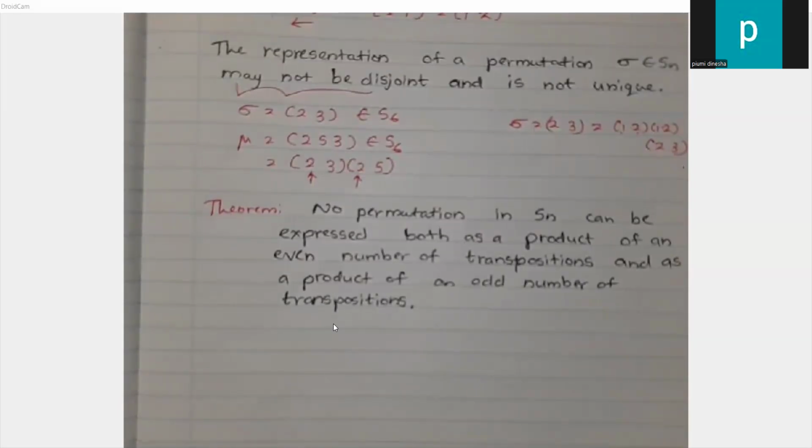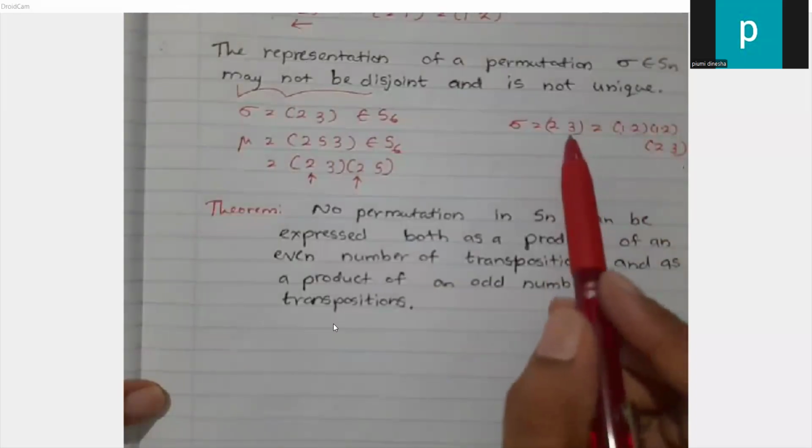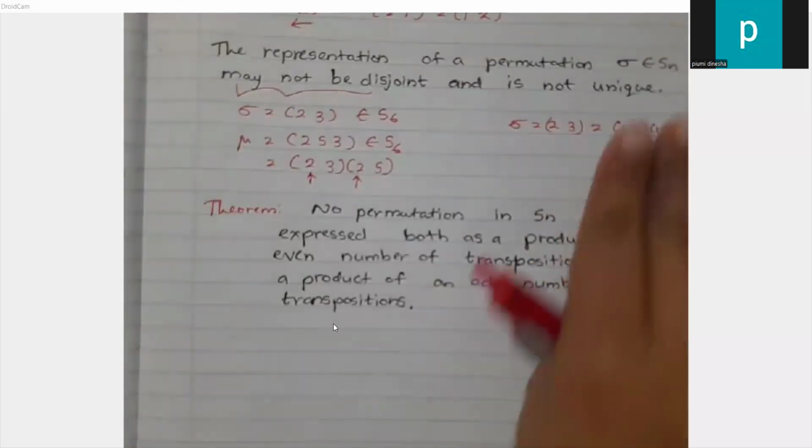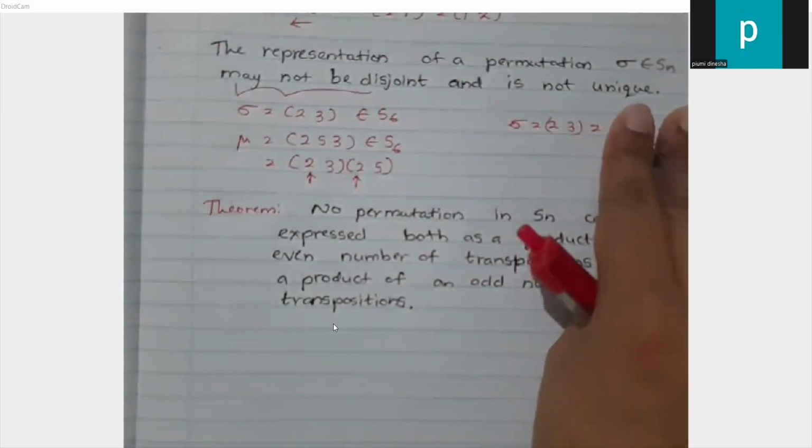It can't be in one representation an even number of transpositions, and in the other, an odd number of transpositions. No, it's never like this. For example, you start off with this transposition. It's given as a 2 cycle, which is a transposition, so it's given as a product of transpositions already. Simply one transposition. So how many transpositions are there? One, an odd number.